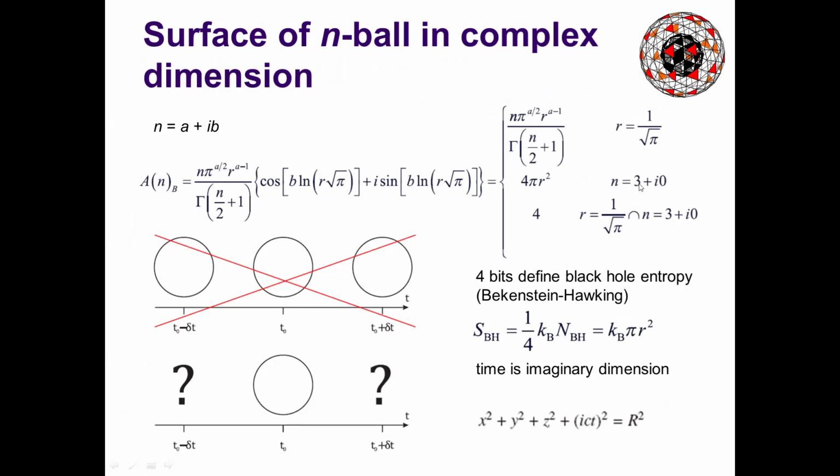So the reality we perceive is in fact 3-dimensional because we always perceive it now, and now is the 0. But in the general case, the equation for the surface of the ball in imaginary dimensions is a complex number. And this complex number, interestingly, contains a trigonometric term that vanishes for the radius equal to 1 divided by the square root of pi.